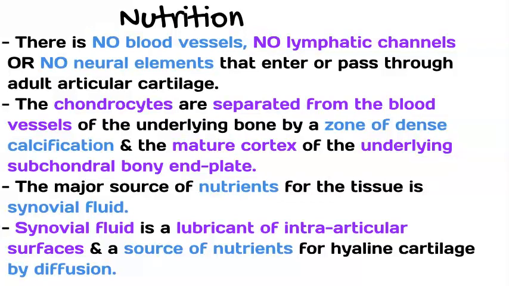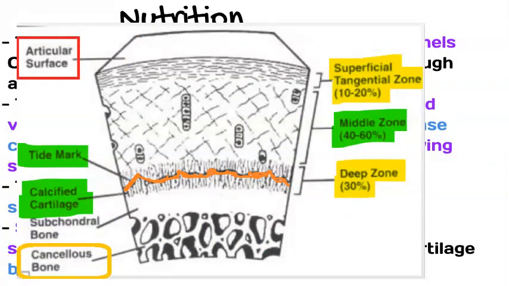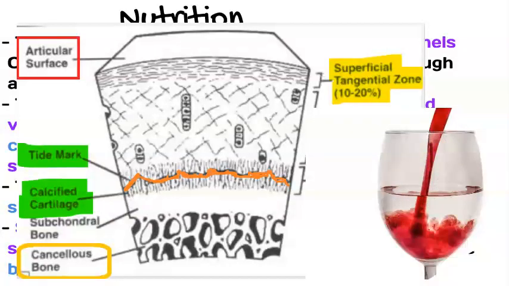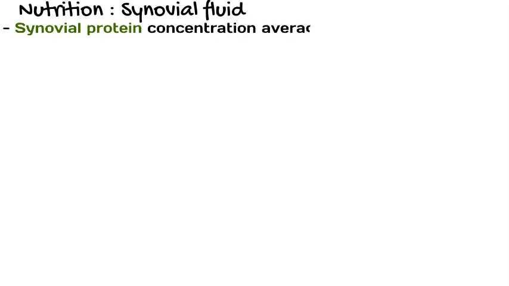This picture illustrates the articular cartilage zone. As revised previously in the first video, the superficial, middle and deep zone with the calcified cartilage. Synovial protein concentration averages about 42% of the concentration in serum.